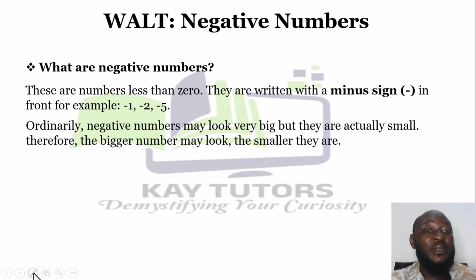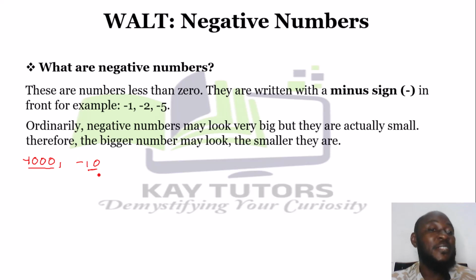Ordinarily, negative numbers may look very big, but they are actually very, very small. Therefore, the bigger they look, the smaller they are. For example, we have -1000. -1000 here may look very big. 1000 is actually a big number as compared to 10.